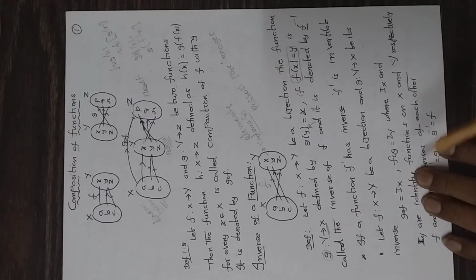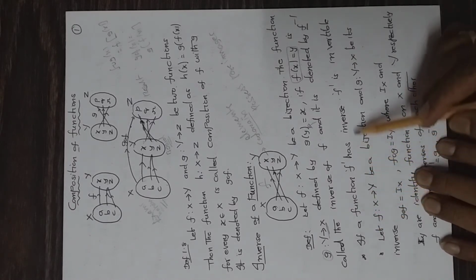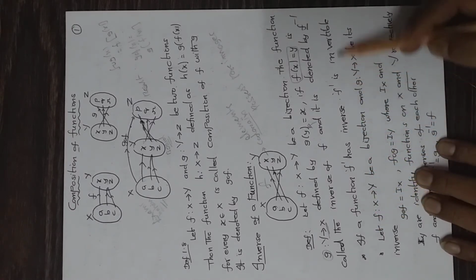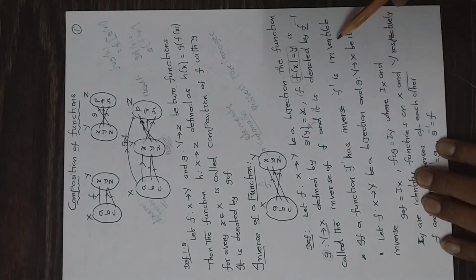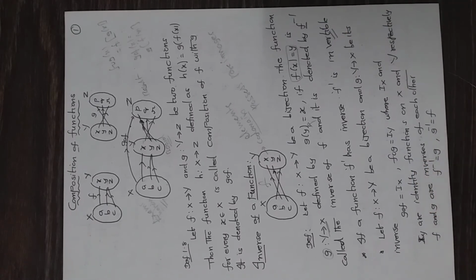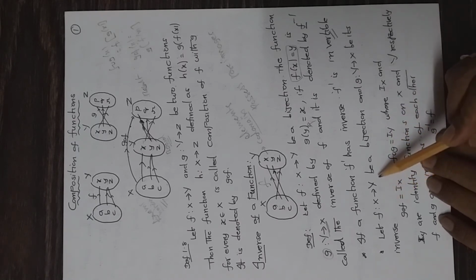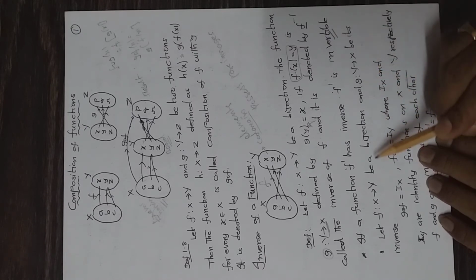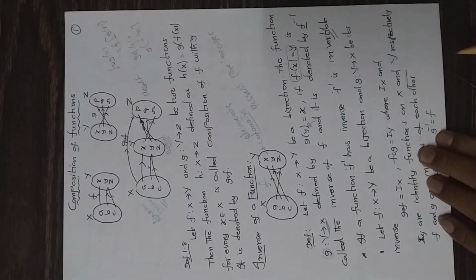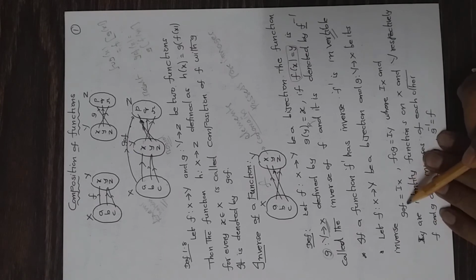Now here you see these points. If a function f has an inverse, f is invertible. That means if it possesses an inverse, then we will call that function an invertible function. For an invertible function, you can prove two things. Suppose f: X to Y is a bijection and g: Y to X is its inverse, then these conditions must be satisfied.